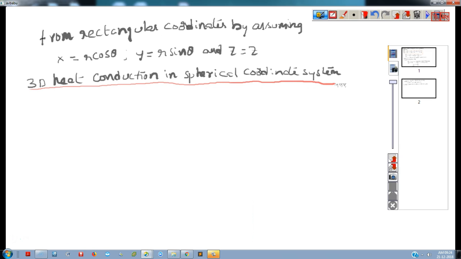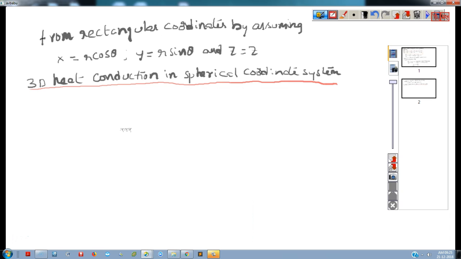Again I will take a cylindrical coordinate, spherical coordinate in such a way that I will show you the spherical coordinate system here, like this.